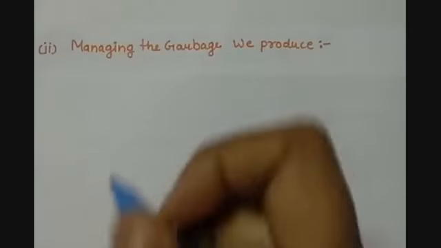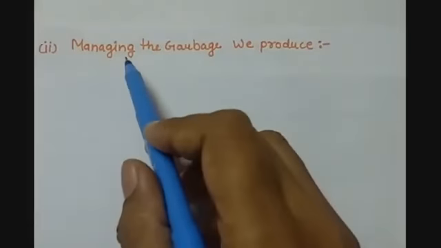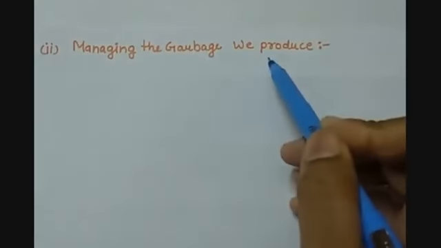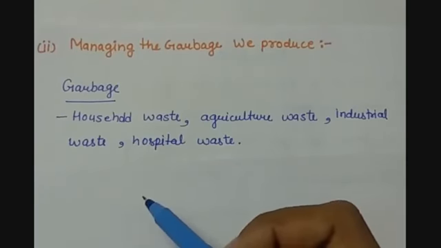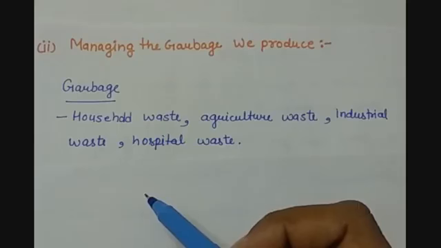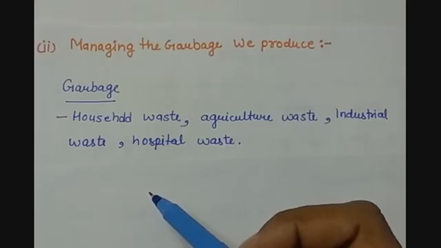The second method is by managing the garbage that we produce. Now, what do we mean by garbage? You might have seen the disposable items or the wrappers that are there on the roads or sides of roads or in public areas. They all come under garbage.